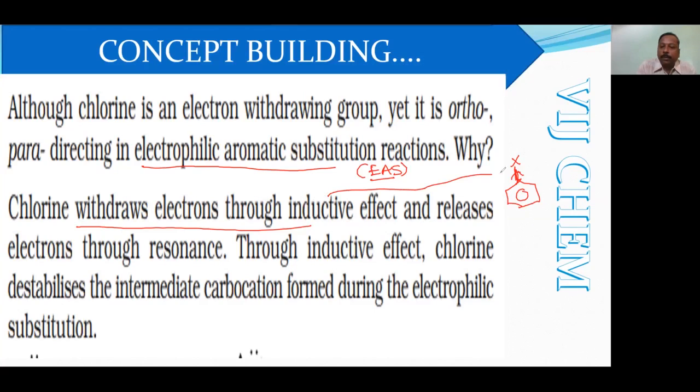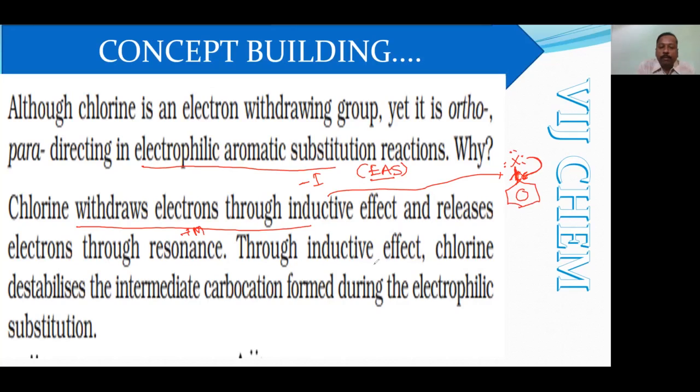This is what is represented here. And it releases electrons through resonance. So it is a very good person. It will lose its lone pair and gain sigma bond electrons through this. From the inductive effect it is minus I, but for the resonance effect it is plus R, plus M.